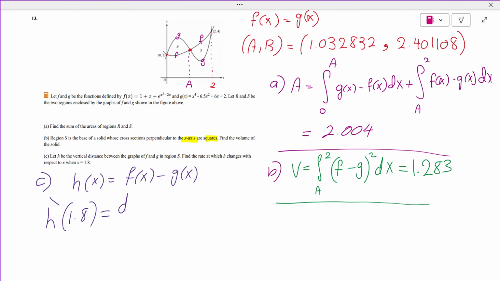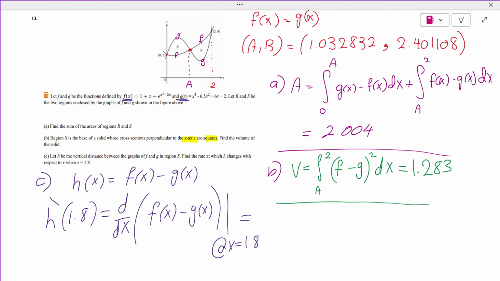Well, we can use our calculator on f of x minus g of x. Of course, in your calculator, you are writing what f is and what g is. They are here, f and g. I'm not writing them because they are too long. This is at x equals 1.8.